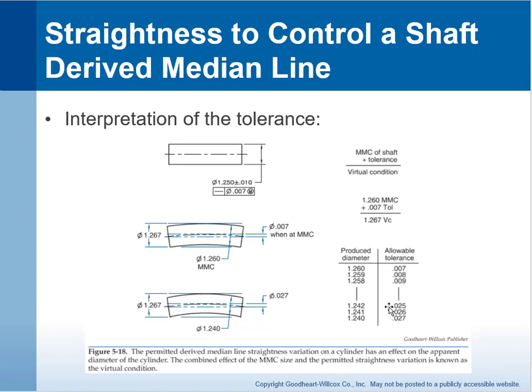So as the actual part measurement deviates from the maximum material condition, we get extra tolerance. It's kind of intuitive in that as you deviate in size here, you can allow more form variation and your part will still fit within the function. So I'm going to stop this one right here.